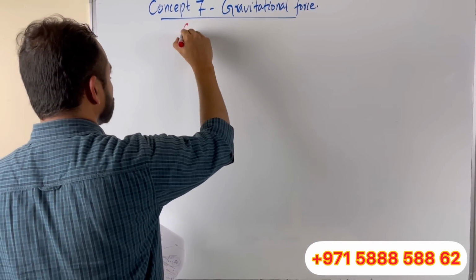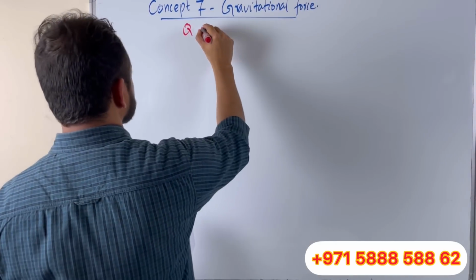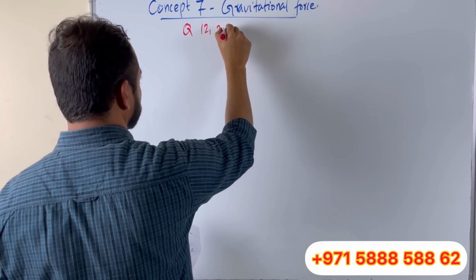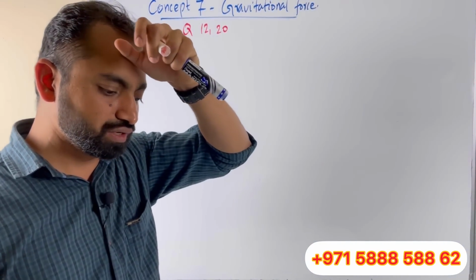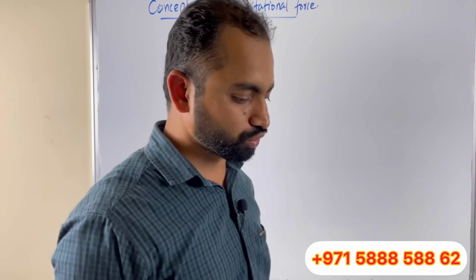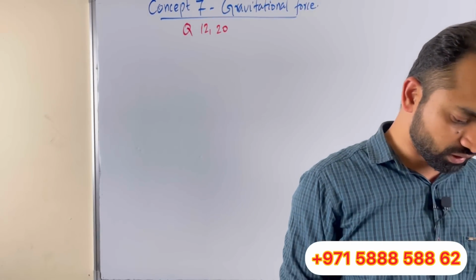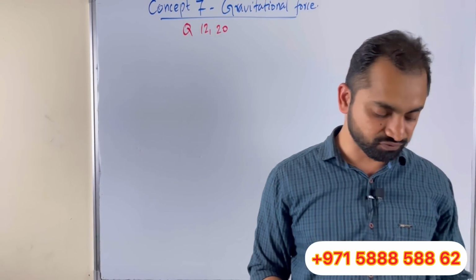Question number 12 will be computer exam, right? Question number 20 will be writing. What is question number 12? Question number 12 is define gravitational force as the force of attraction between 2 objects of given mass, just for writing the definition or studying the definition.